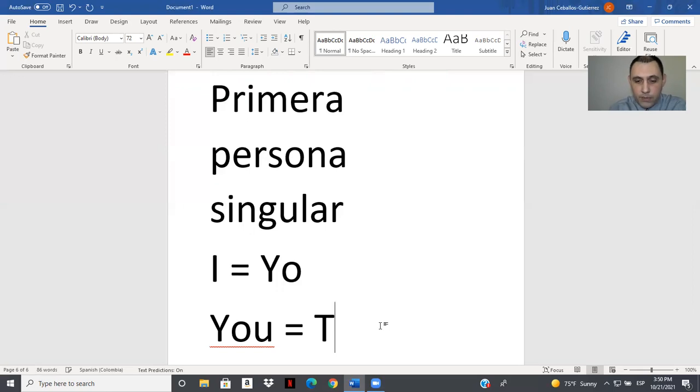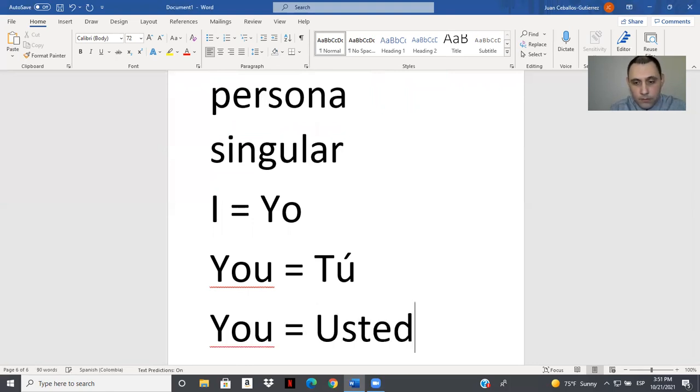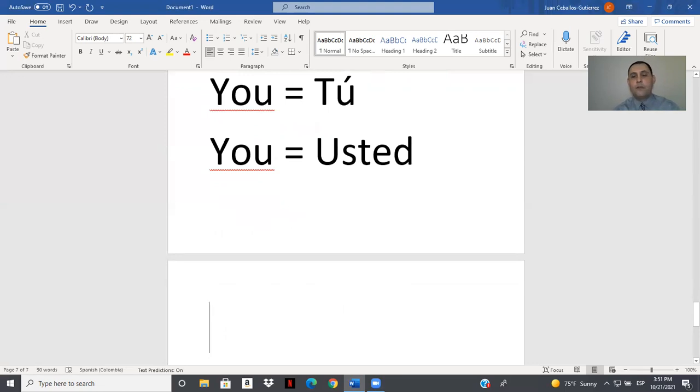In Spanish, we have tú, and we have usted. Okay. Remember, tú is informal and is only used with friends and people you know, but this is a very general idea. It changes from country to country. And usted is formal for people you don't know, or in a professional level, or for elders and so on.